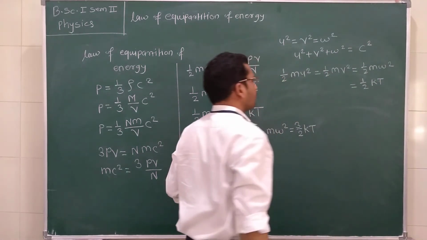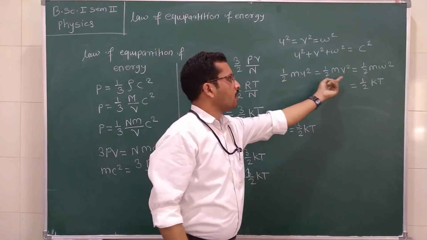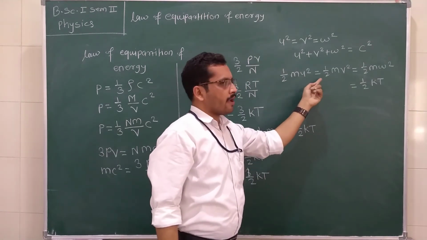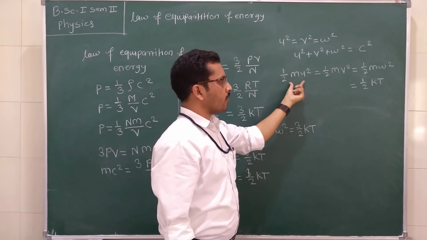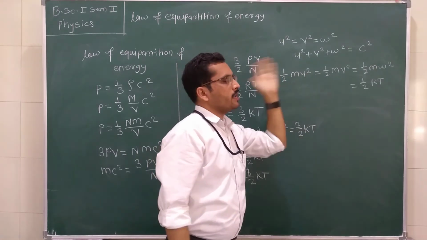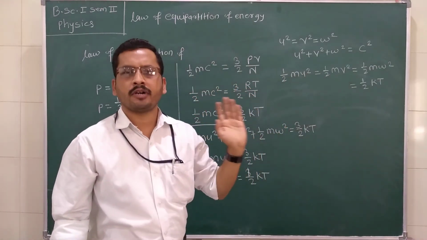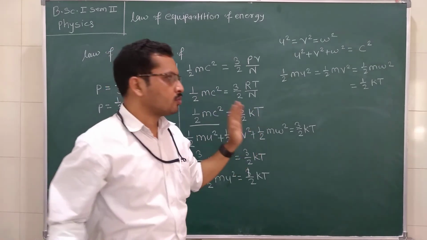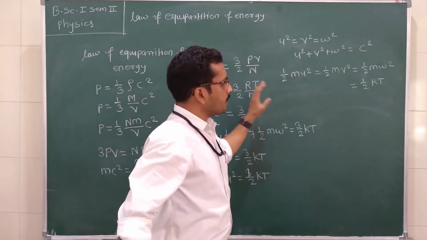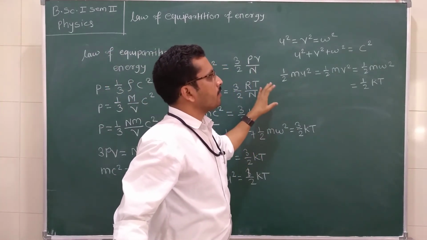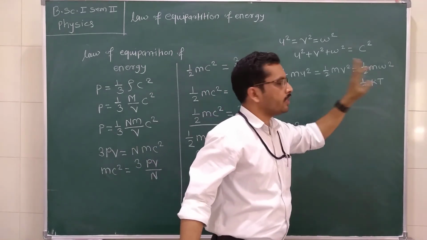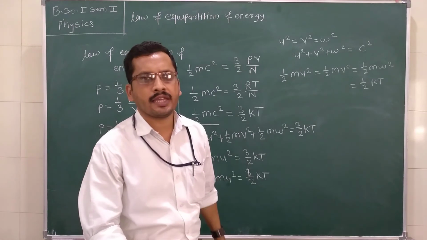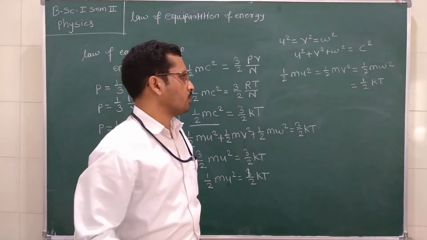So what is this? This all represents the average kinetic energy of a gas molecule per degree of freedom. So the energy available for a degree of freedom is equal to 1/2 kT, where k is nothing but the Boltzmann constant.